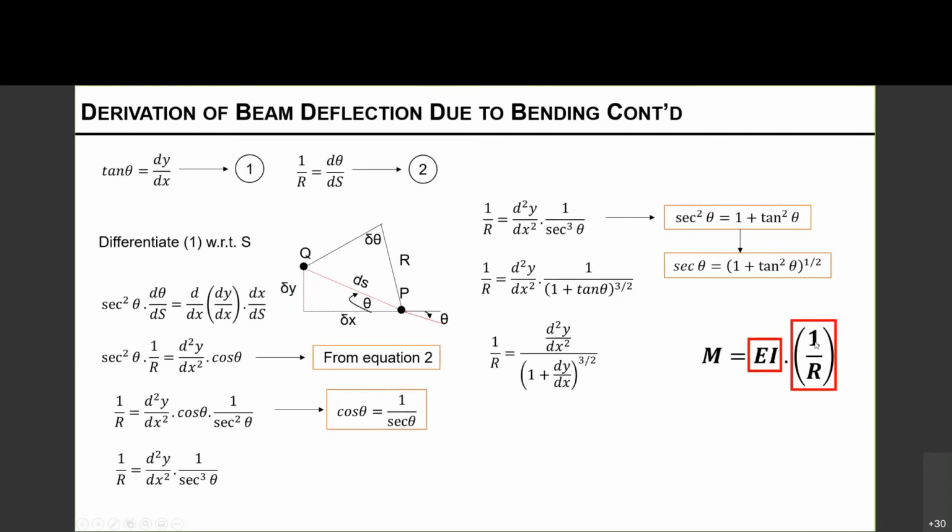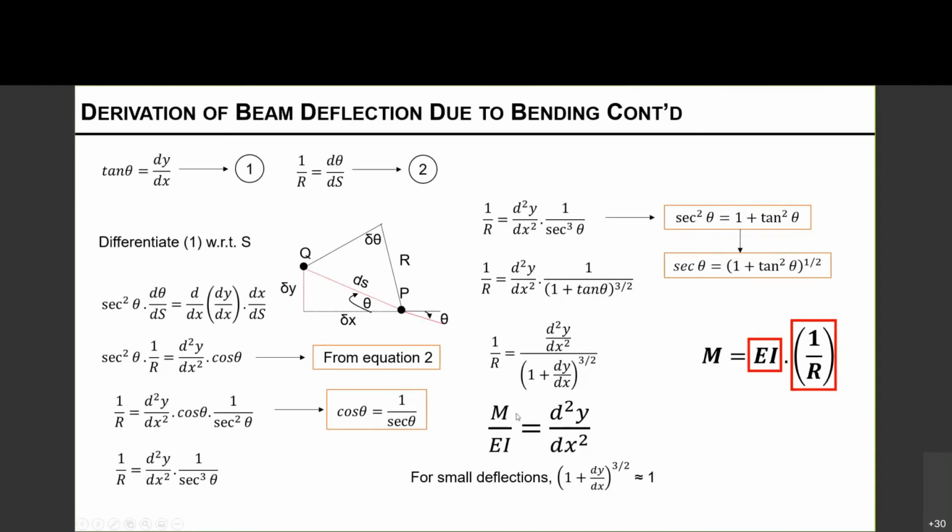So if I consider 1 over r, that equals M over EI. So I'm replacing it: 1 over r equals M over EI, which equals d squared y over dx squared. So what happened to the bottom part here? For small deformations or deflections, 1 plus (dy over dx) squared is approximately equal to 1.